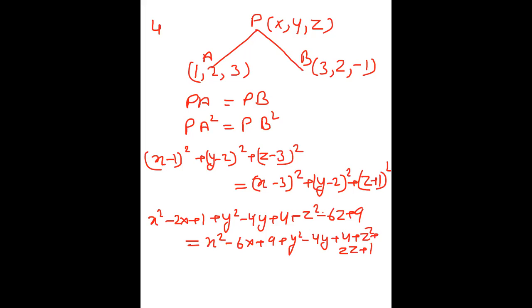Now see, some of the things are going to cancel. X square to x square, y square to y square, z square to z square. 1, 1, 4, 4, 9, 9. Now everything we need to take on the one side. Minus 6x and 2x will become 4x. 4y to 4y also gets cancelled.